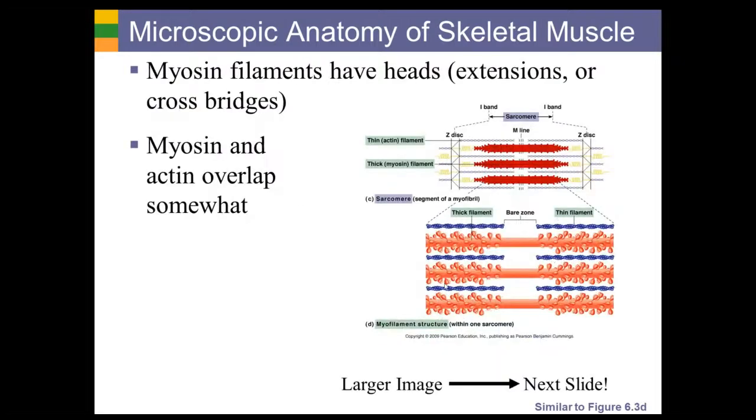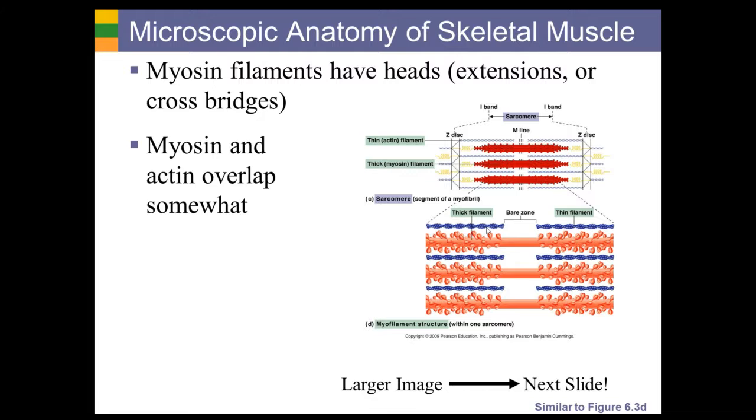Now, something that I did not mention earlier, which I'm going to mention now, is that where you have overlap in your sarcomere between the myosin filaments and the actin filaments, notice that there are these little extensions from the myosin filament called heads, and they extend toward the actin filaments.